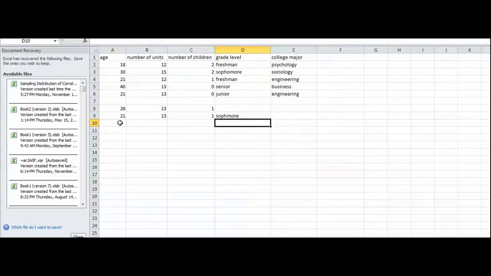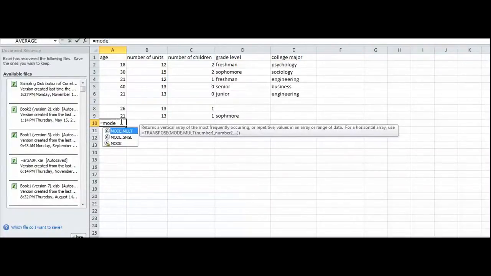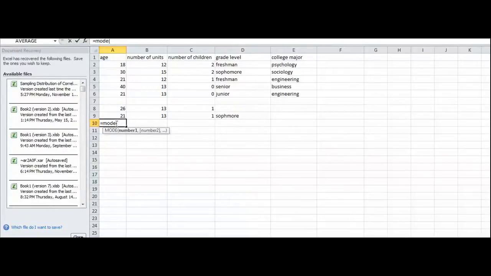Now what about the mode? To get the mode of these columns of data, we can type in equals mode, and it has two choices. It says mode multiple or mode single, or just mode. I think we should probably just click mode right there and put our parentheses, highlight the column, and then press enter.